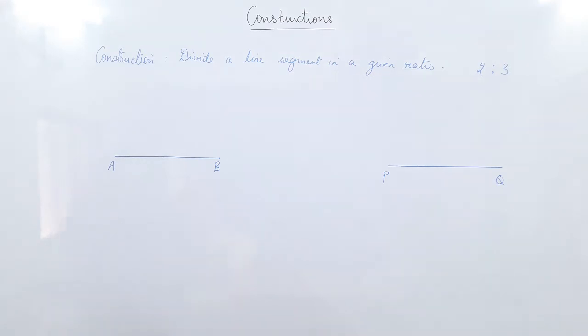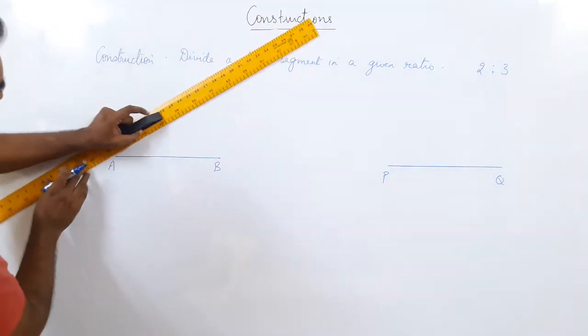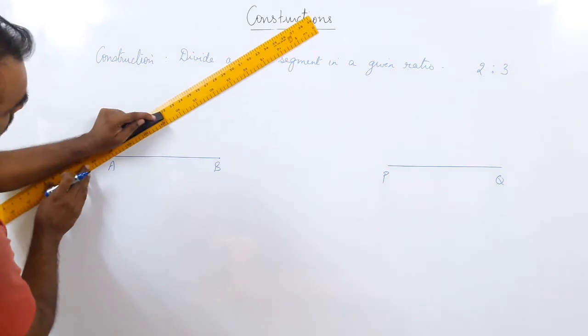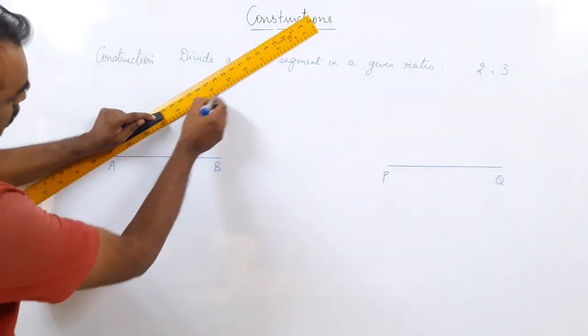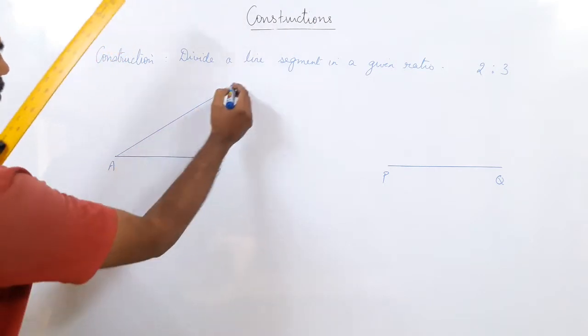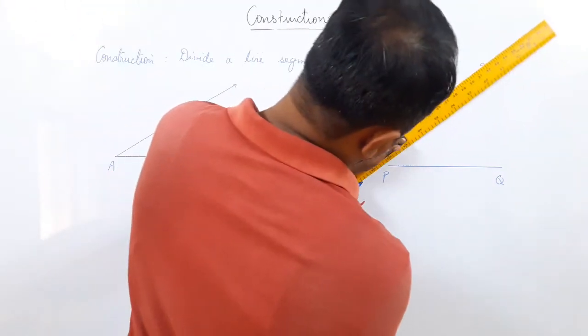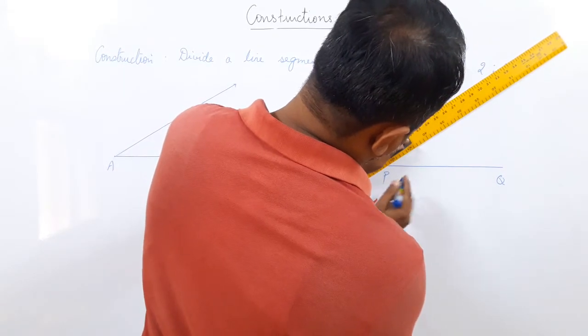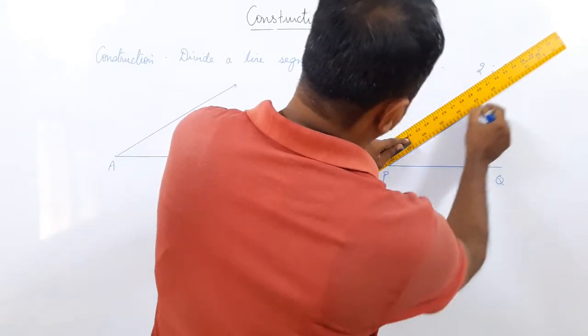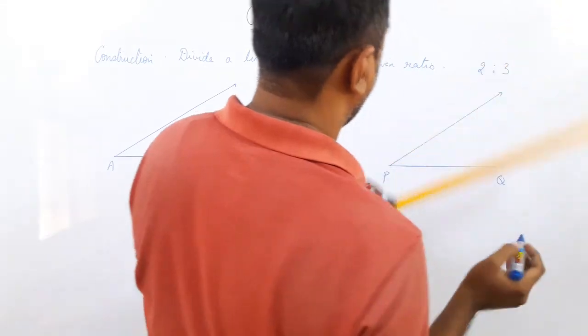So one method is, from one of the points of the given line, draw a line segment at any angle. Step 1: for any angle, draw a ray.